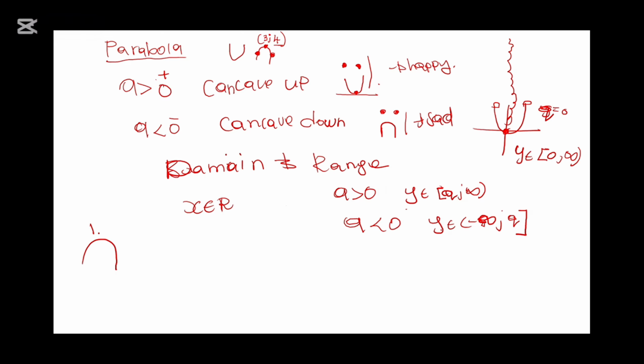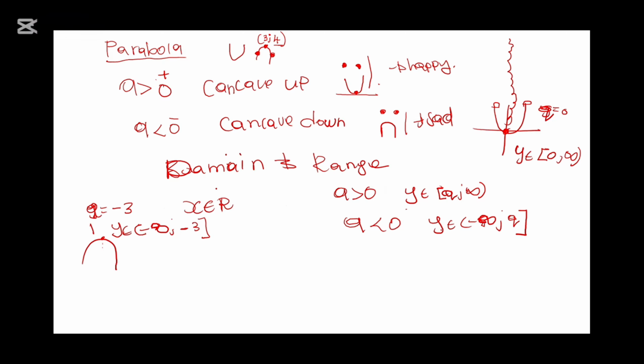And then let's say our q, which is the y value of the turning point, is negative 3. Then your range will be y is an element of negative infinity to negative 3. Okay.